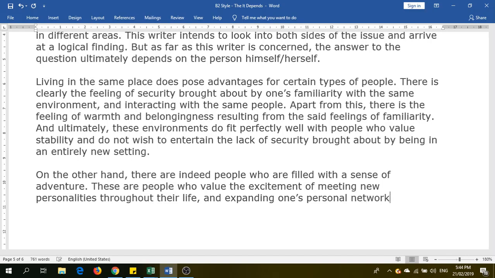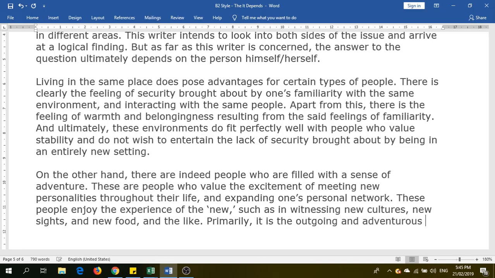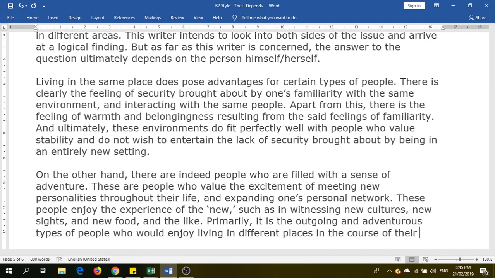These people enjoy the experience of the new, such as in witnessing new cultures, new sights, new foods, and the like. Primarily, it is the outgoing and adventurous types of people who would enjoy living in different places in the course of their lives.